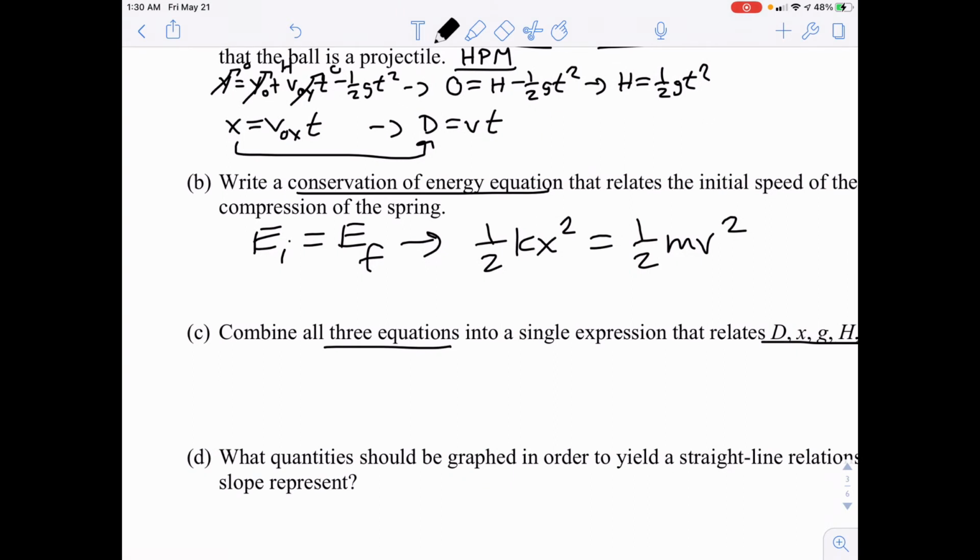I'm going to take our conservation of energy equation, 1/2 mv squared equals 1/2 kx squared, and I'm going to lose the halves. And I'm then going to solve for v. To solve for v, I'm going to divide by m and square root. So v is equal to the square root of kx squared over m. And I'm going to hold off on that for a second.